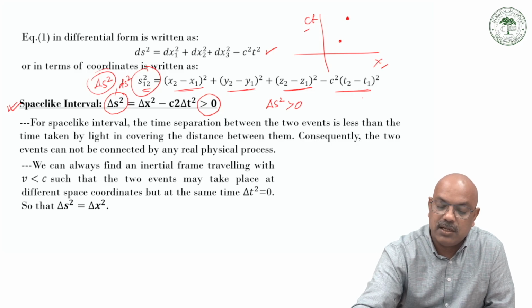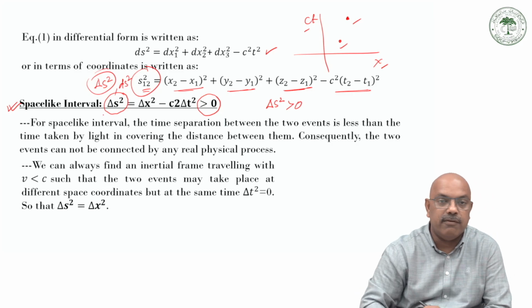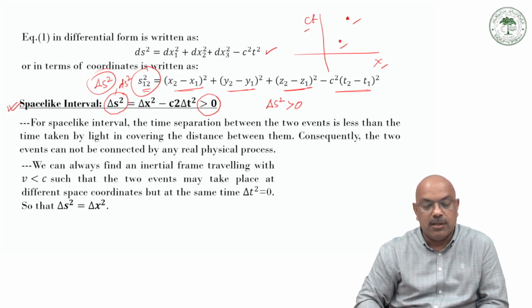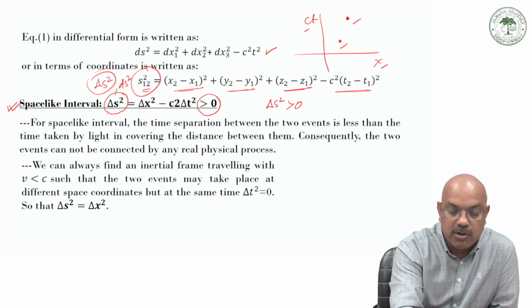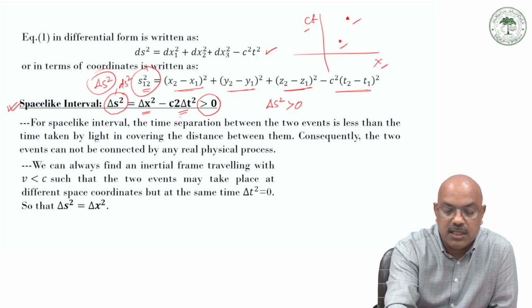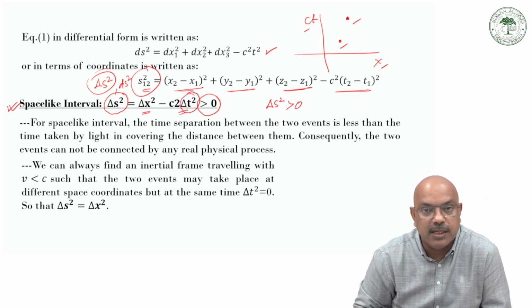The difference between these two events gives you the event interval, and if that is greater than 0, then, because delta s square is defined as delta x square minus c square delta t square, everything depends upon t square.